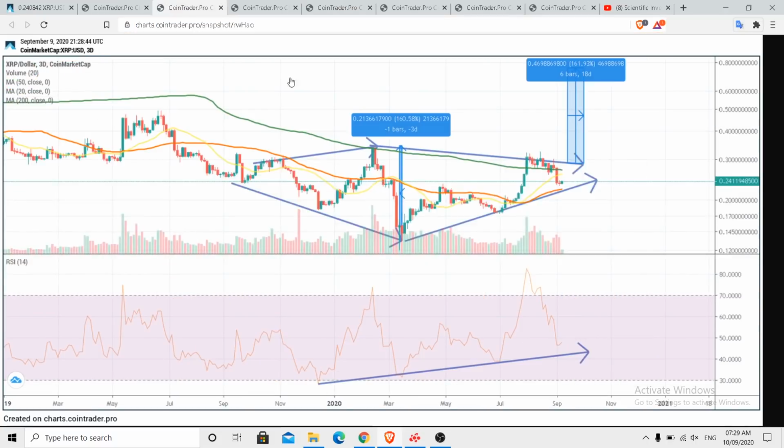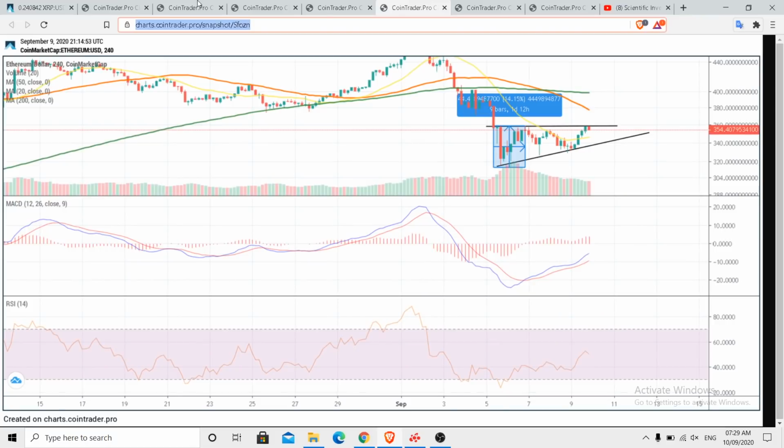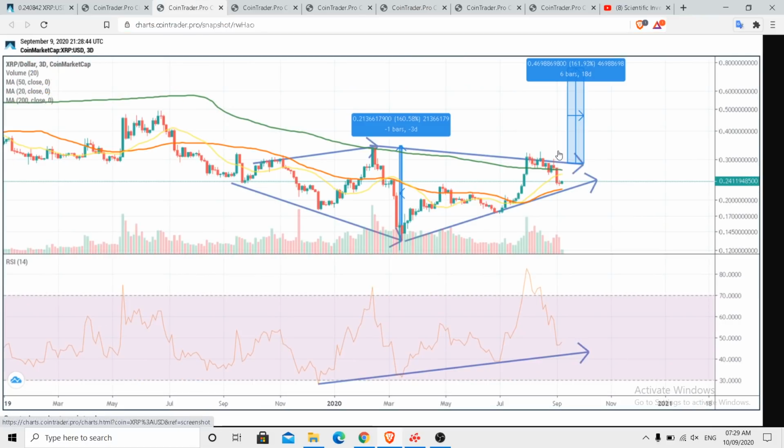So when we zoom out and look at things, you can really understand that there is still a possibility that the price may move around 200% if you take the wick from the bottom to the top here as your target. Now I just took this being a bit conservative, taking it within the actual close there. So if you look at that, we are still ready to move above 0.5 to 0.7.